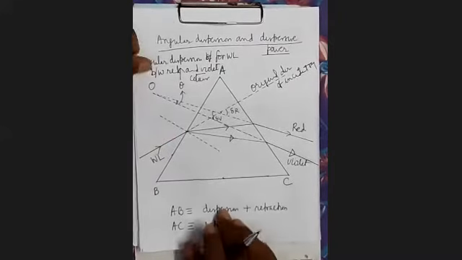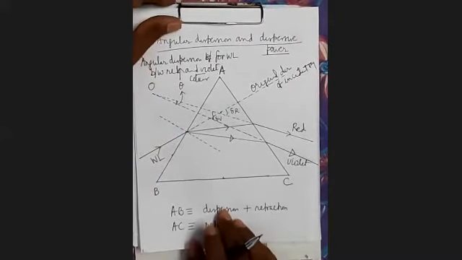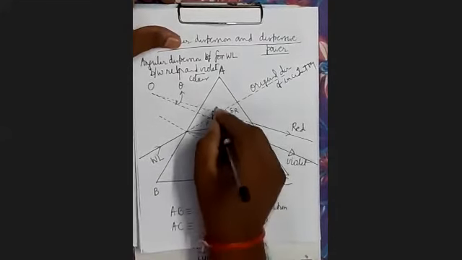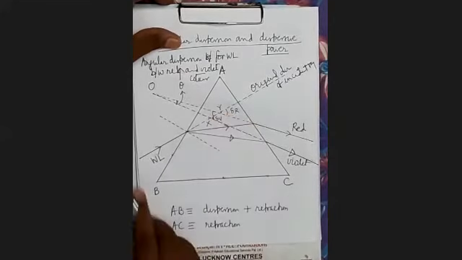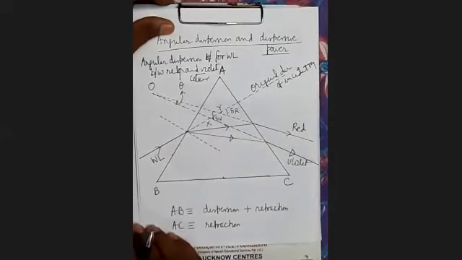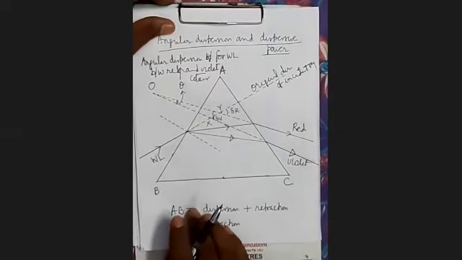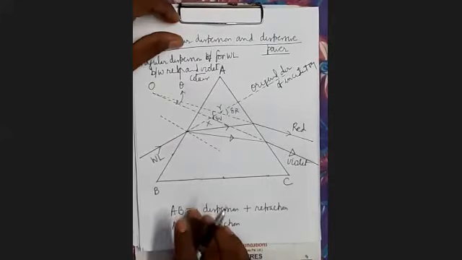It is clear? Now see here, if you name this triangle OXY, here I named it OXY. It depends upon the quality of the prism. Flint glass produces greater dispersion, crown glass produces less.